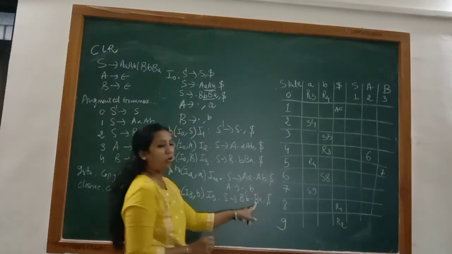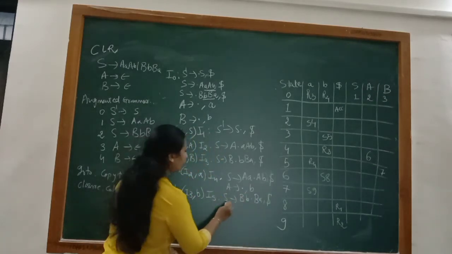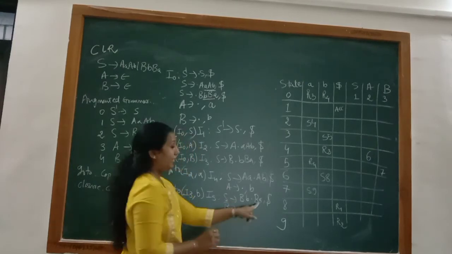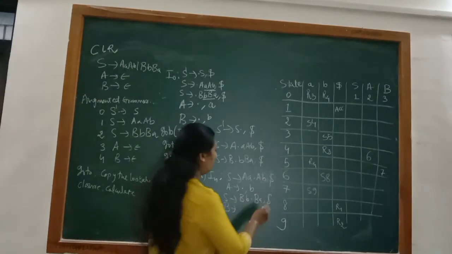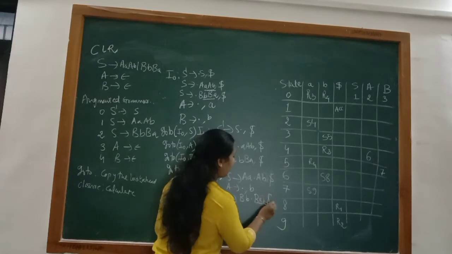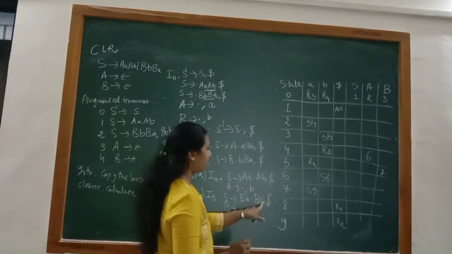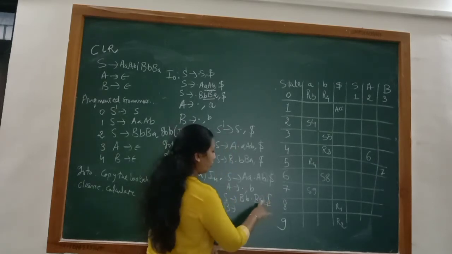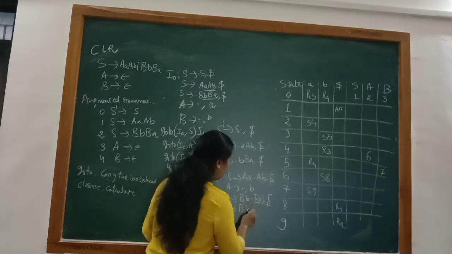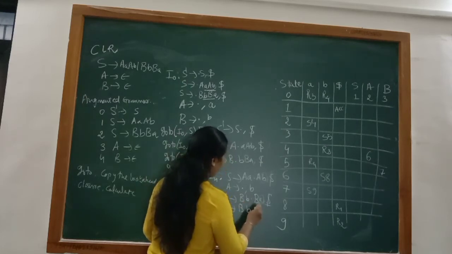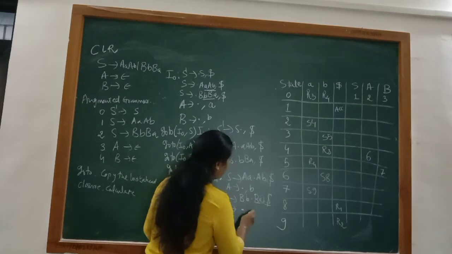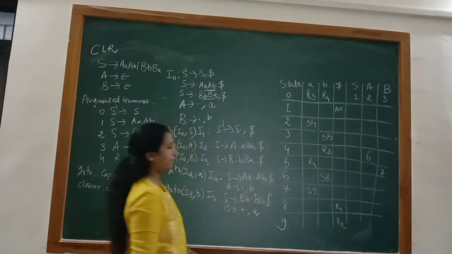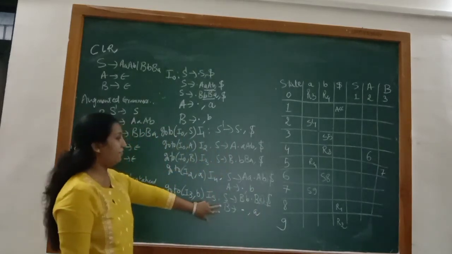Here again the non-terminal, apply the closure. So when we apply closure, we have to calculate the look ahead. So the first of beta A. Over here beta is A. So first of A dollar is A itself. So B2 dot and look ahead is A. Okay, so this is I5.